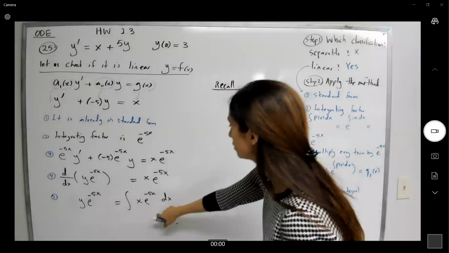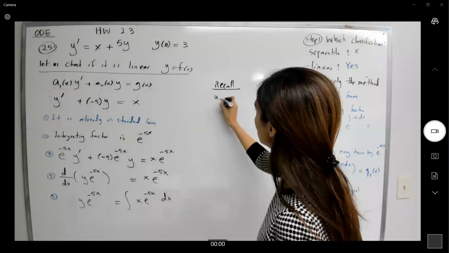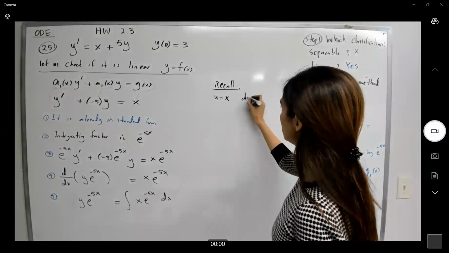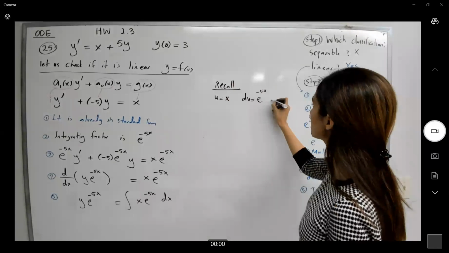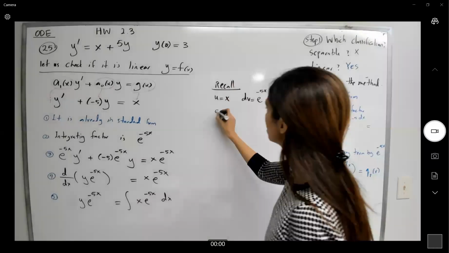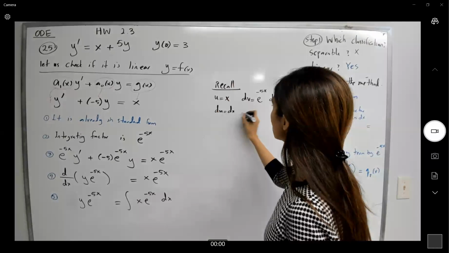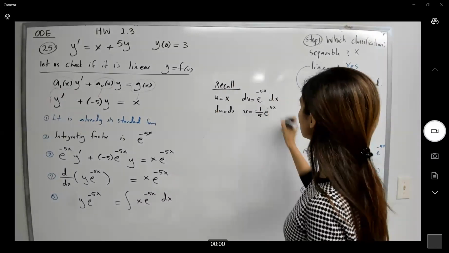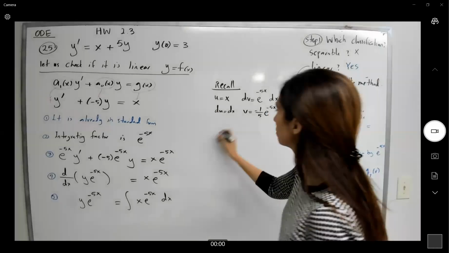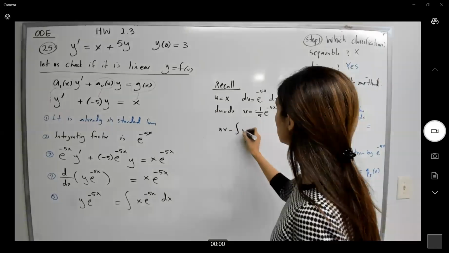For this integral, you have u equals x, and dv equals e to the power negative 5x dx. So du is dx and v is negative 1 over 5 e to the power negative 5x, and this integral becomes uv minus integral v du.